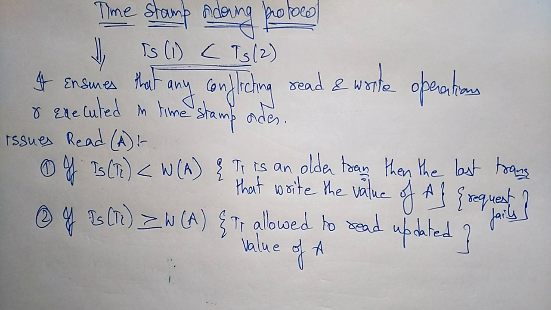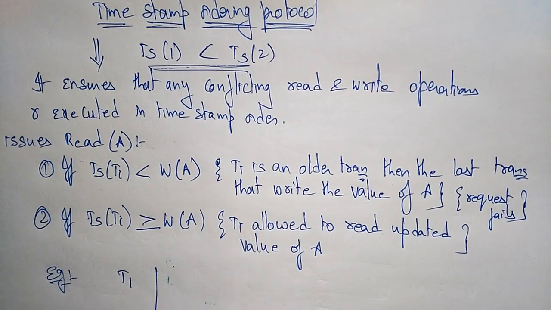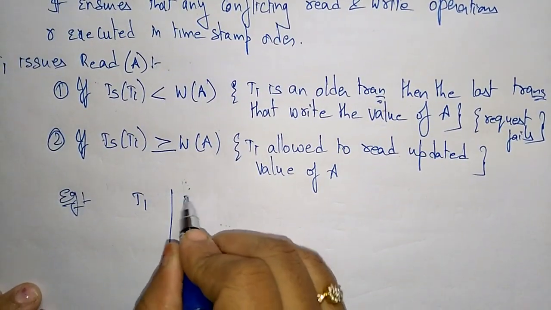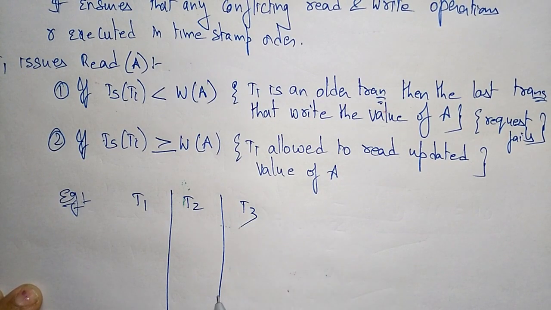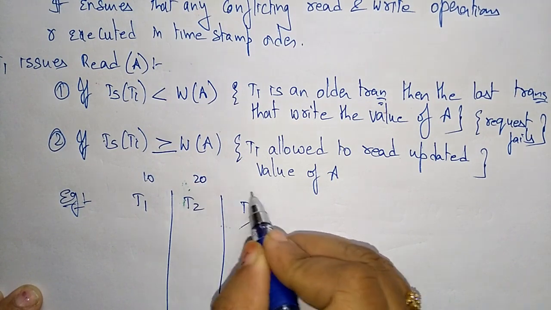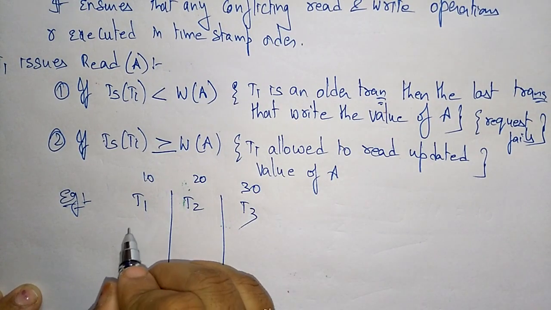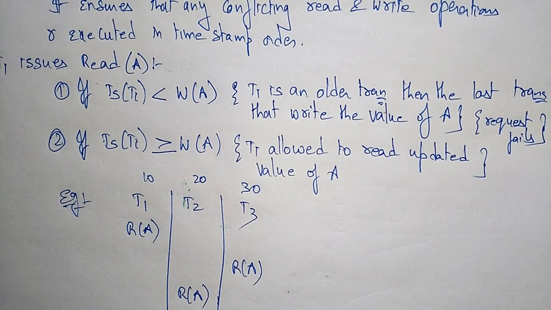Let us see an example of this. Suppose T1 is one transaction, T2 is another transaction, and this is T3. The timestamps are 10, 20, 30, and each transaction does read A. So what is the read timestamp of A?